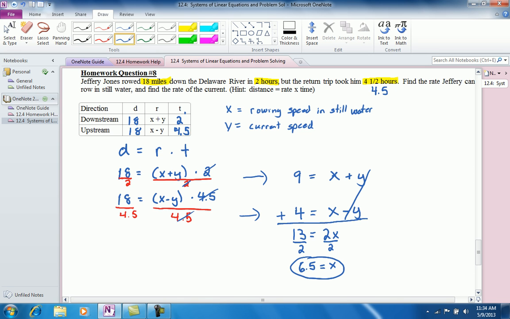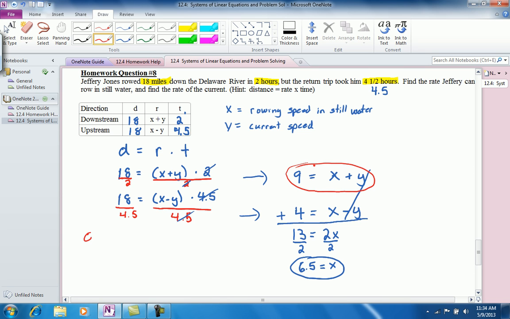Okay. And now I need to find y. So finding y, I will go back to one of my equations. I could go back to my original equations, or I could go back to some of my new equations I've set up. I'm actually going to go back to this equation, 9 equals x plus y. It looks to be the easiest of all the equations.